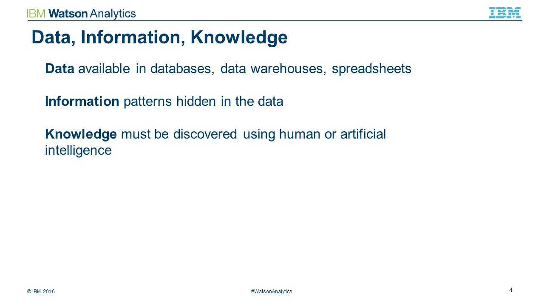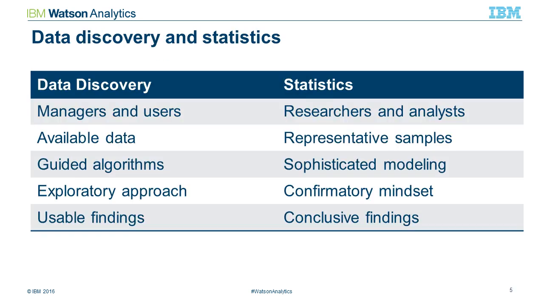So what we're going to do now is take a look at these two approaches that I just mentioned. The first one I'll call data discovery, and the other one we are all familiar with is statistics. With the advent of big data, there is an increased emphasis on data discovery as the first step.